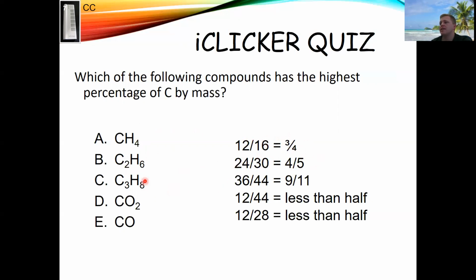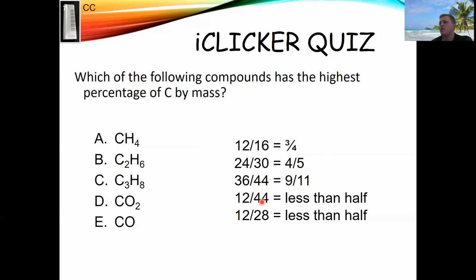In C3H8, our carbons, since there's 3 of them times 12, that's going to weigh 36. And then 36 plus our 8 hydrogens is going to weigh 44. So we get 9/11ths there. For CO2, carbon weighs 12, and each oxygen weighs 16, so you're going to have to add those up to get 32. 12 plus 32 is equal to 44.